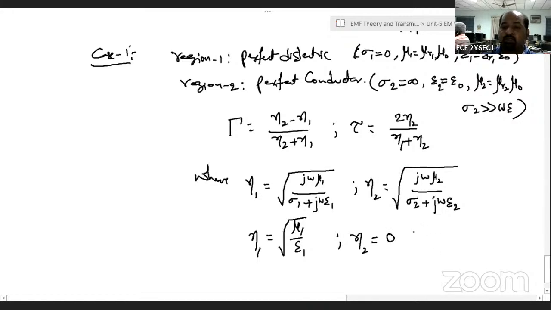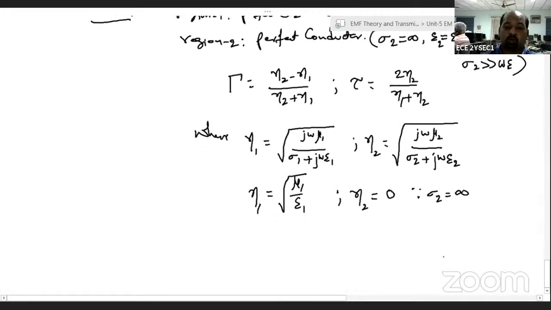So why is eta 2 equal to 0? Since sigma 2 is infinite. Region 2 is a perfect conductor, so the conductivity is infinite, and therefore the intrinsic impedance is 0. So eta 1 is not equal to 0, eta 2 is 0.